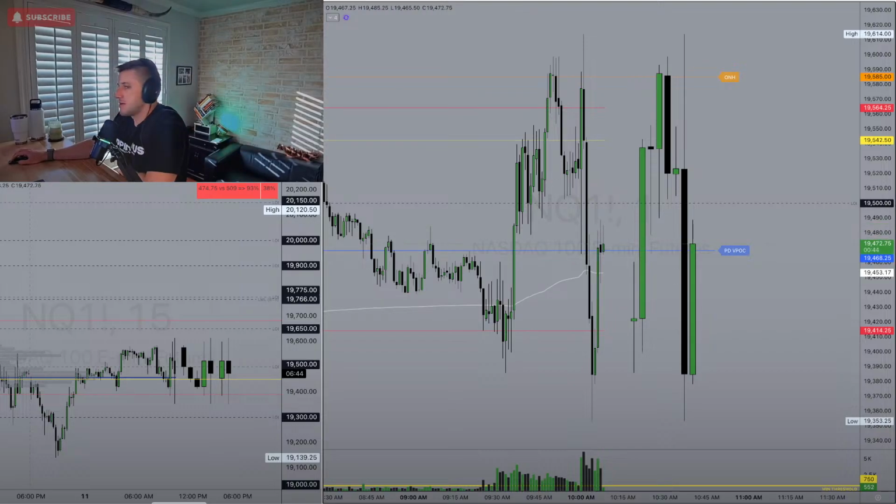So game plan pretty much remains the same. 19,500 is the main level to be monitoring here.